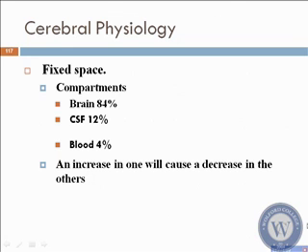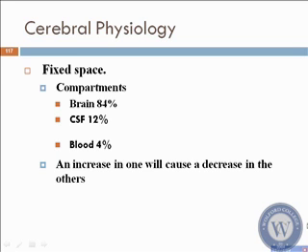For cerebral physiology, the brain is basically a fixed compartment. 84% of the brain is taking up that space, of which 12% is CSF, and the smallest fraction of all is blood, which accounts for only 4%.